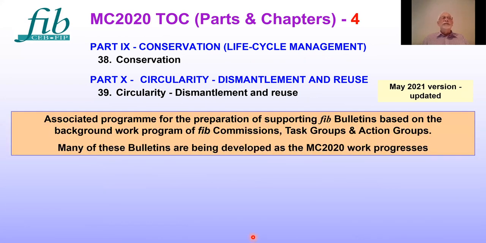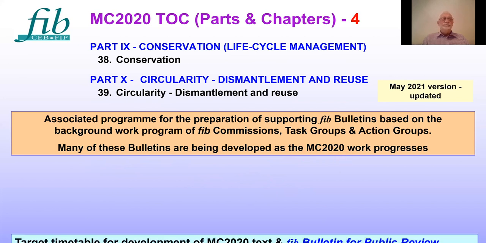I mentioned that there's an associated program of preparing supporting FIB bulletins. This draws upon the background work of commissions, task groups and Model Code 2020 action groups. So it's supplementary information. And one of the benefits of this project is that many of these bulletins are being developed as the Model Code 2020 work progresses rather than afterwards.